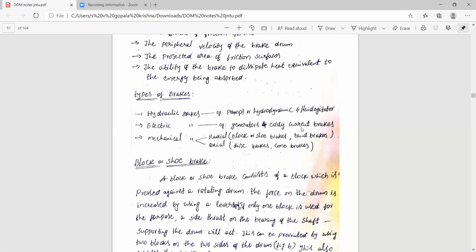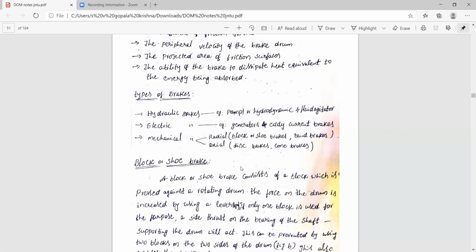Axial brakes are disc brakes and cone brakes. In our syllabus, only mechanical brakes are included, so we will cover only the mechanical brakes of friction.